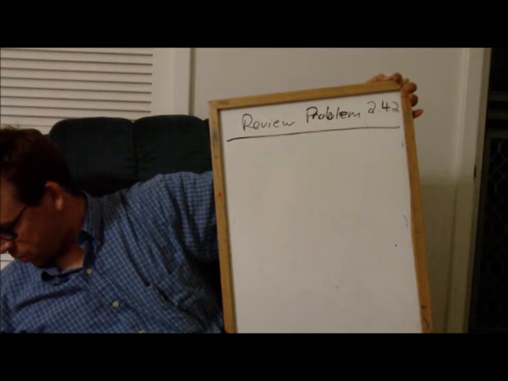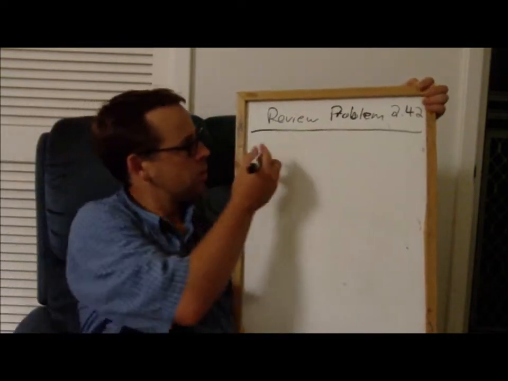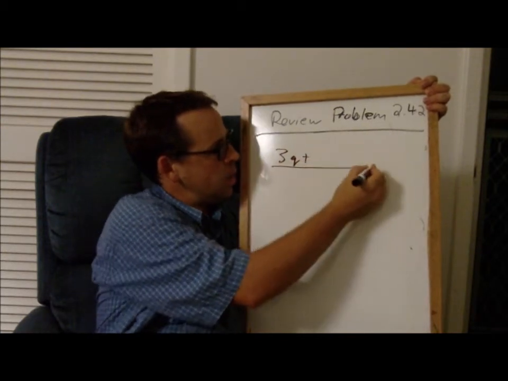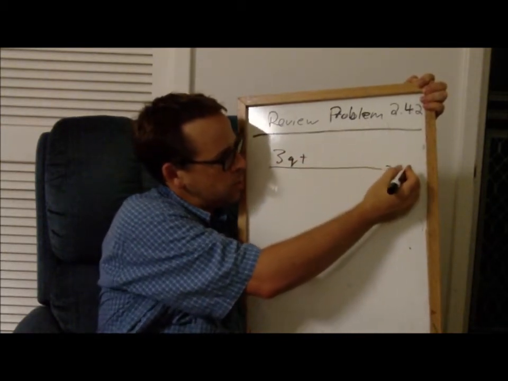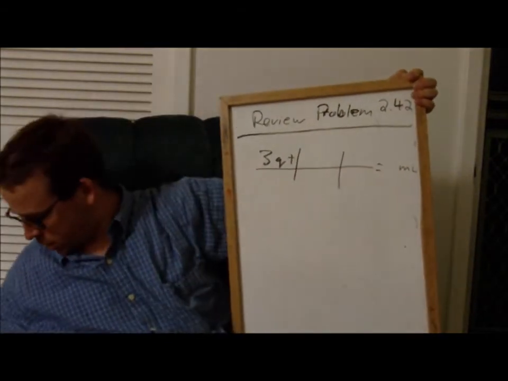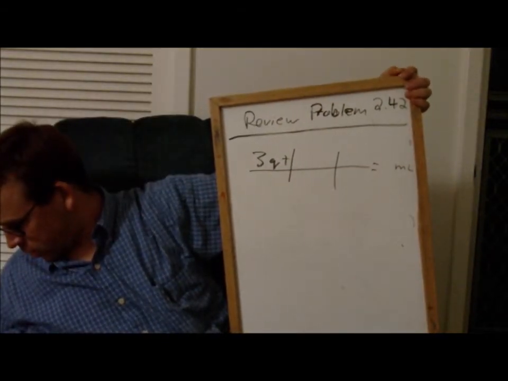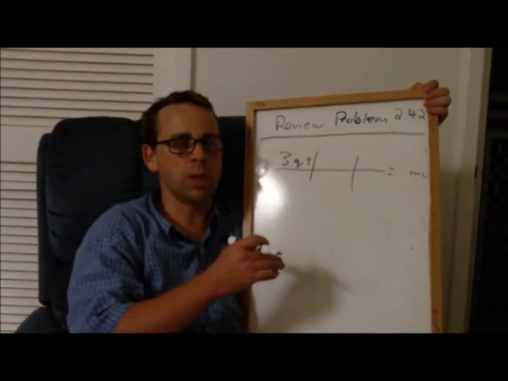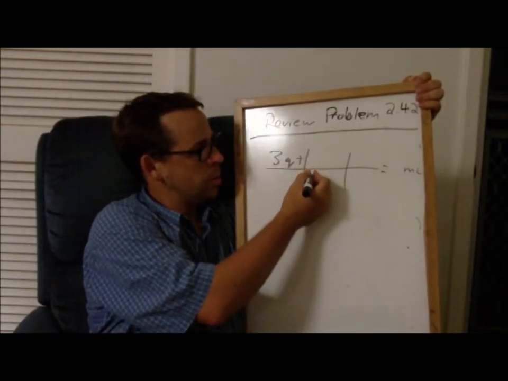Okay, and the next one, 3 quarts to milliliters. 3 quarts, and we want to go to milliliters, right? All right, so that's a volume. Quarts, there's 946.4 milliliters per quart. So we have 1 quart.